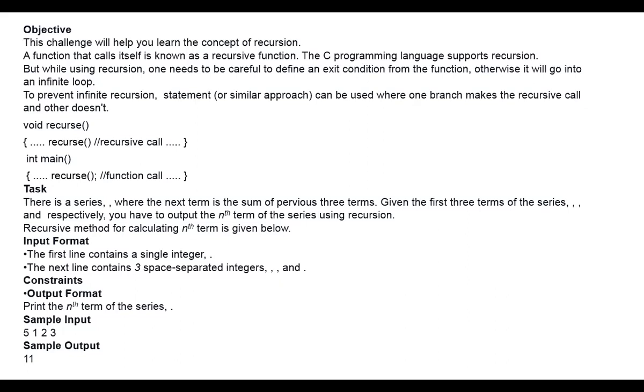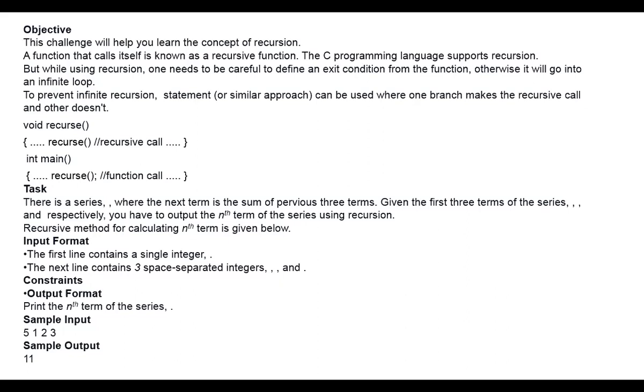So this is a recursion, where I have called this main function recurse, and this recurse is calling recurse itself. So this is direct recursion, and the task is that there is a series where the next term is the sum of the previous three terms.